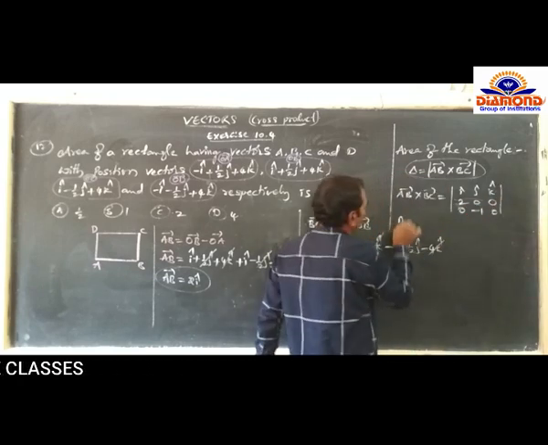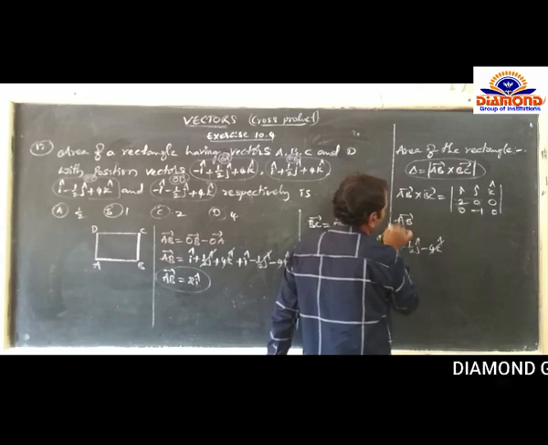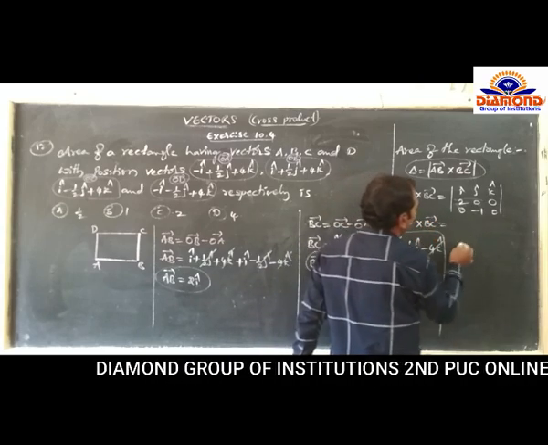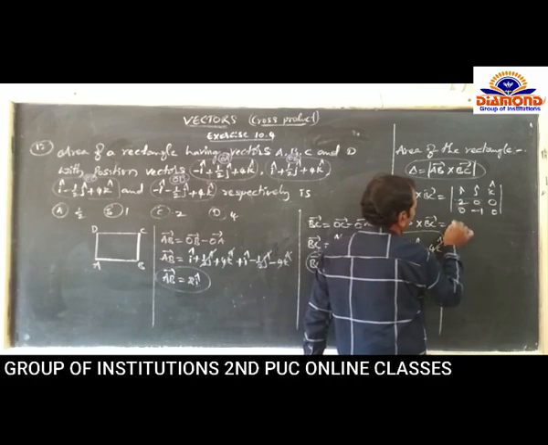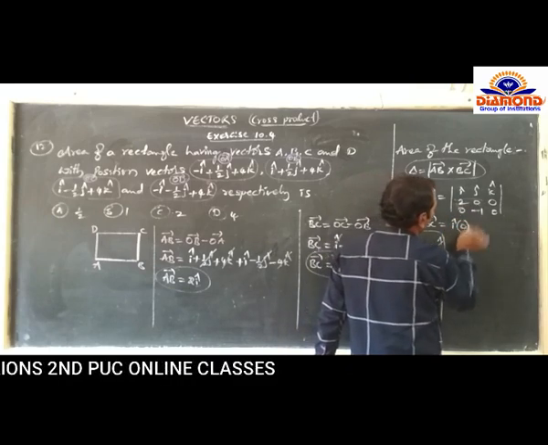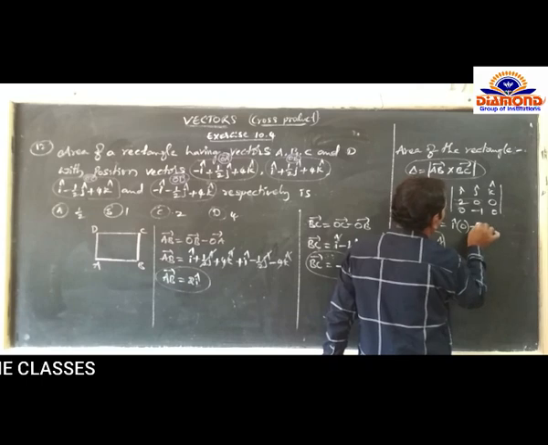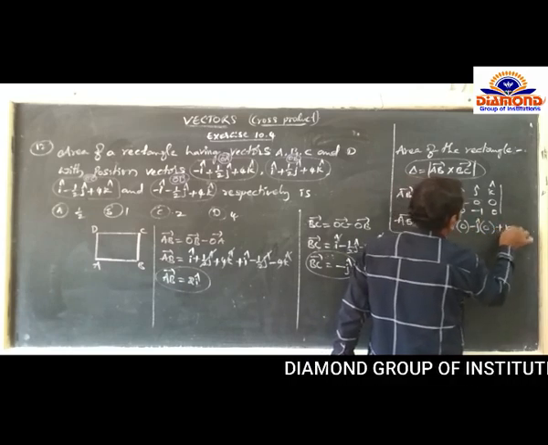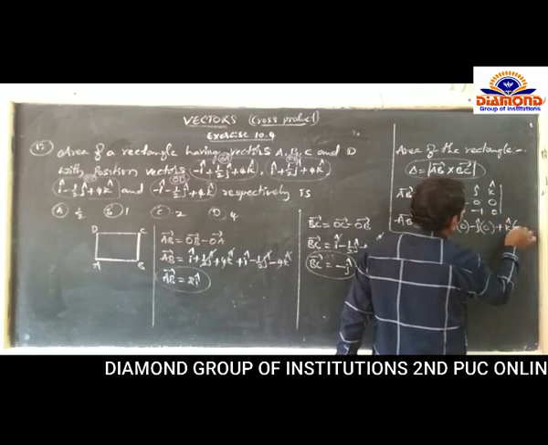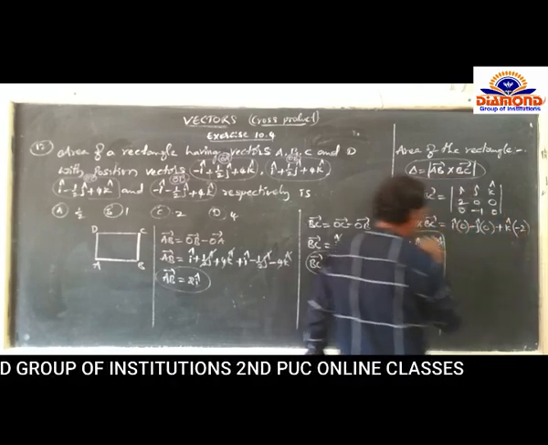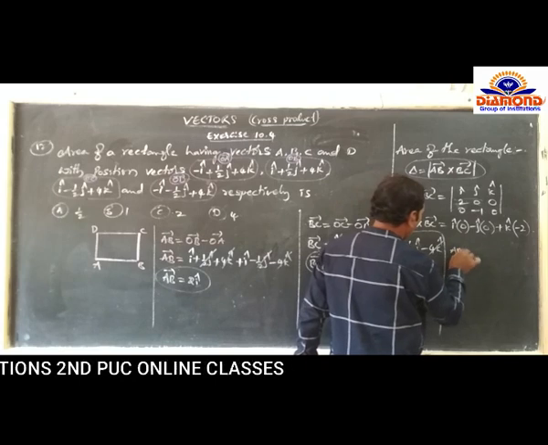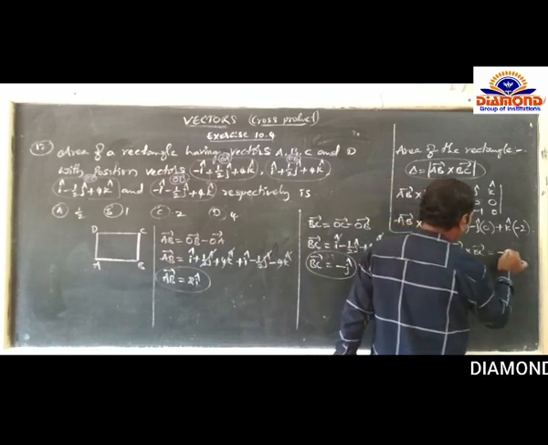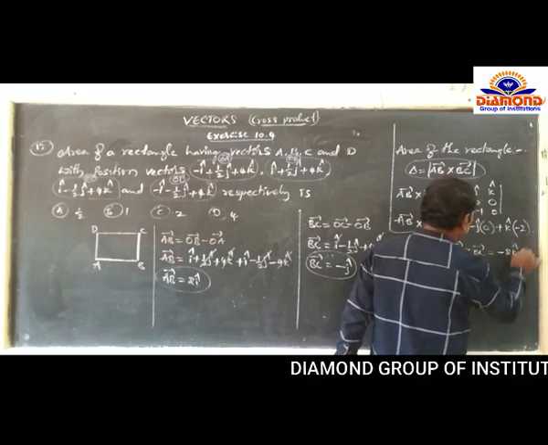So AB bar cross BC bar equals I cap into 0 minus J cap into 0 plus K cap into minus 2. So AB bar cross BC bar equals minus 2 K cap.